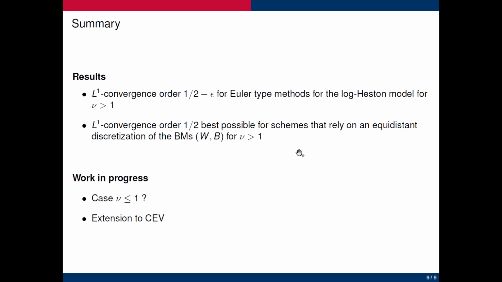The case nu less or equal to 1 still remains an open question. As I said before, we could prove a convergence rate of nu minus 1/2, but this does not seem to be sharp. Also, we would like to extend our result to more general processes such as the CEV process.